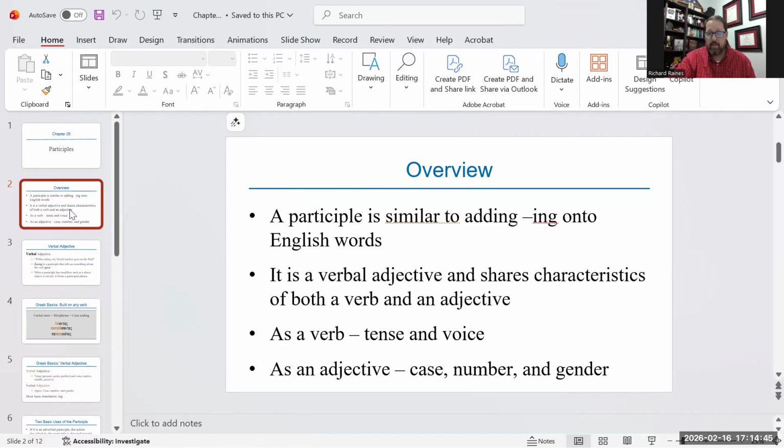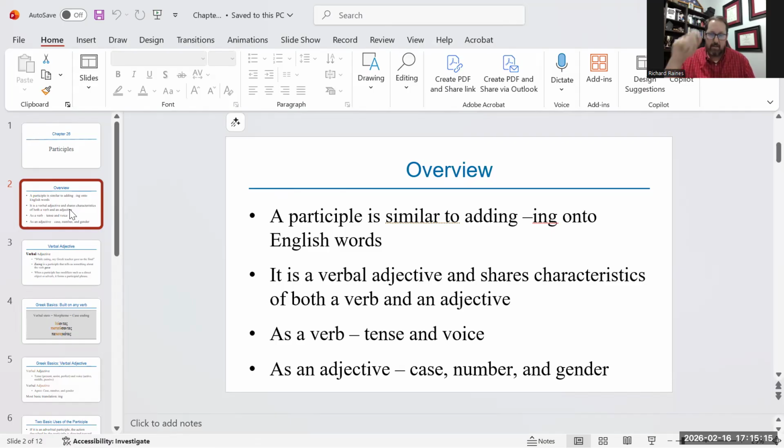So as a verb, it's going to have tense and voice, present, active, indicative, right? As an adjective, it's going to have case, nominative, number, singular, gender, masculine. And I just use those as an example, right? So it is a word that in English, we add ing onto. Instead of eat, eating, instead of study, studying, right?